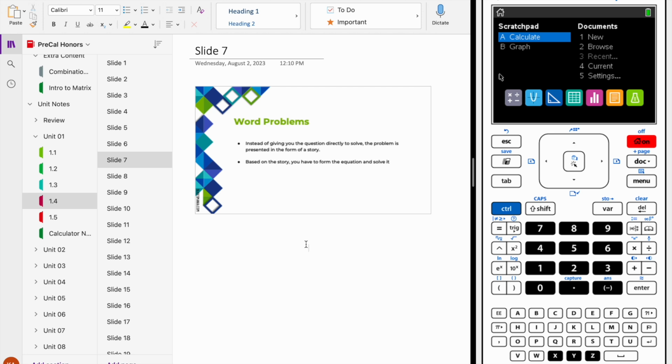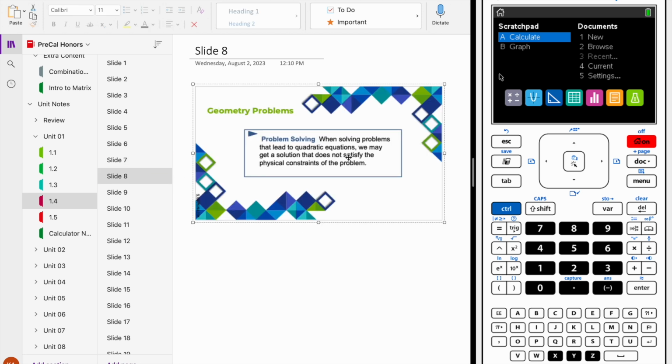So, word problems. Instead of giving you an equation directly to solve, the problem is presented in the form of a story. Based on the story, you have to form the equation and be able to solve it. When solving problems that lead to a quadratic equation, we may get a solution that does not satisfy the physical constraints of the problem.